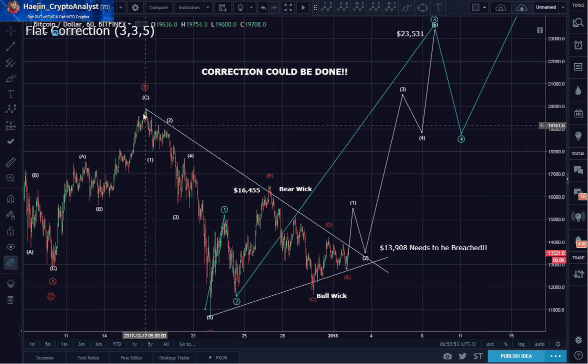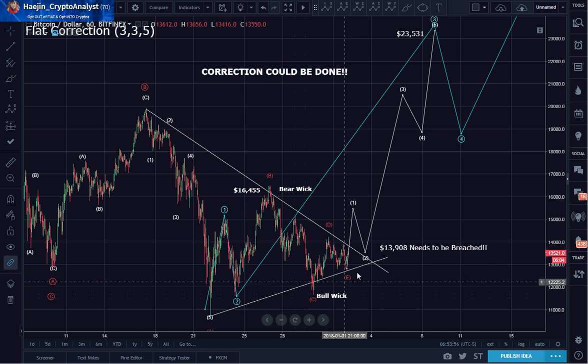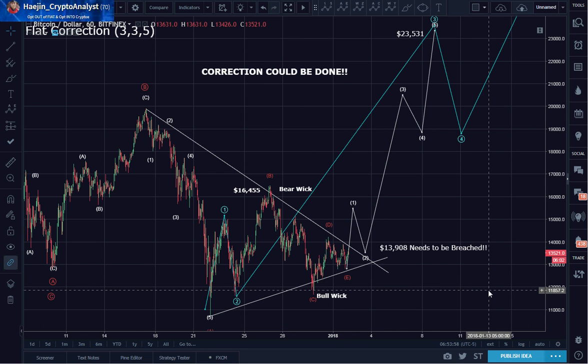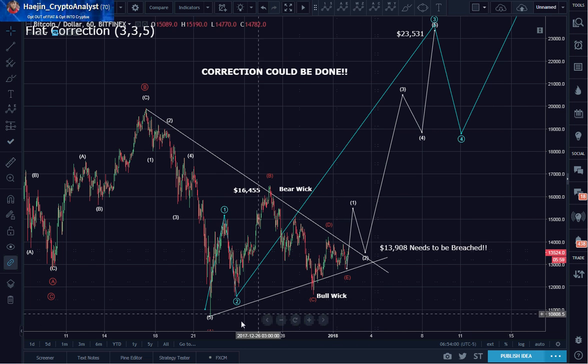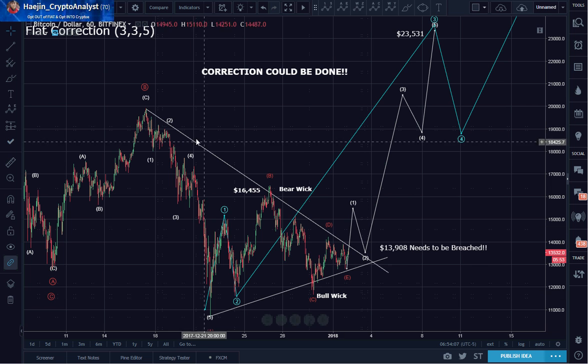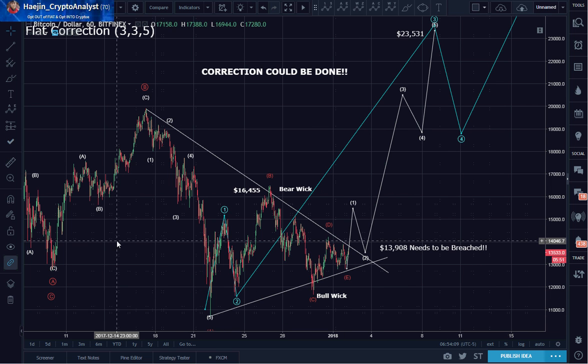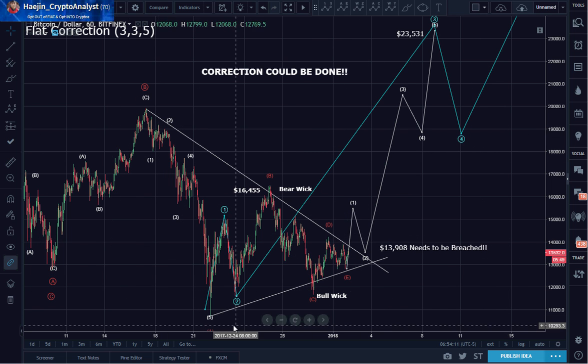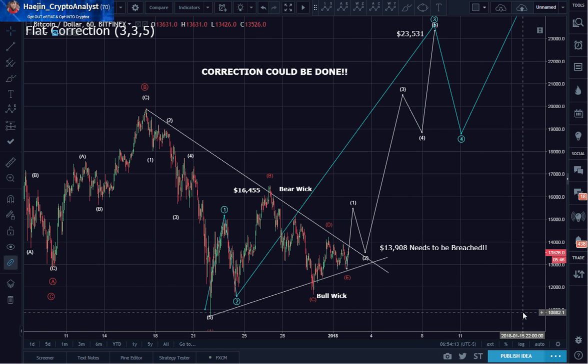Now here's the thing. I didn't even notice this pattern until early in the morning. I did not even discern it until early in the morning. After 20 years having done this and having looked at this chart for how many days now, I didn't even discern this until this morning.